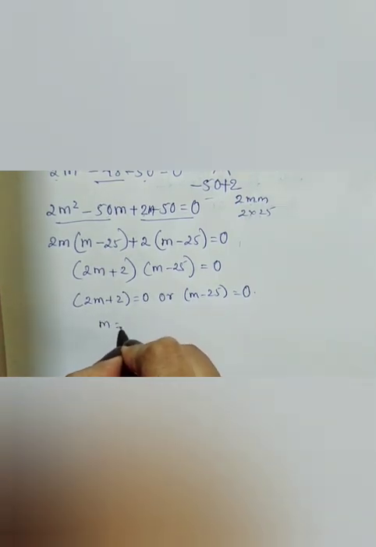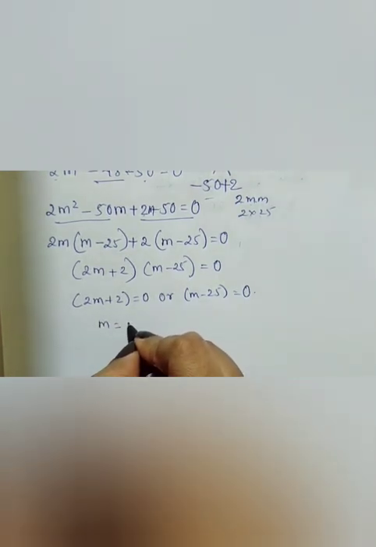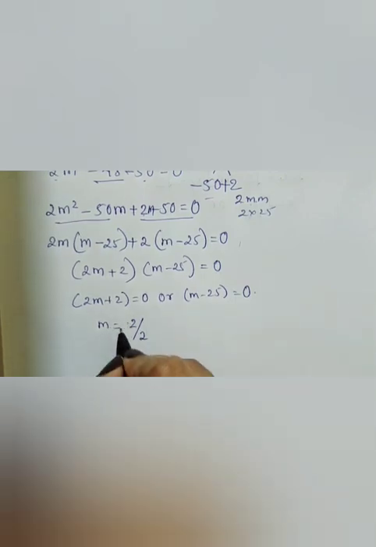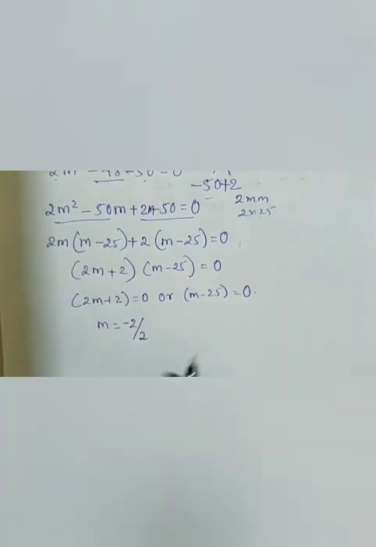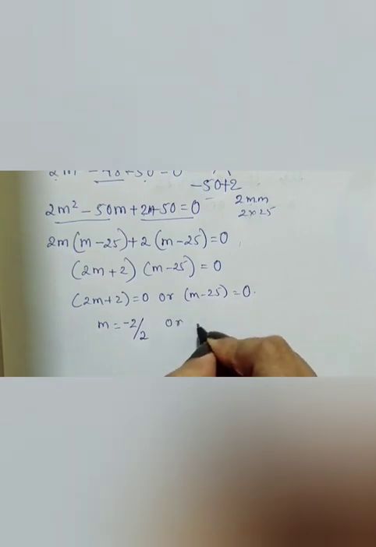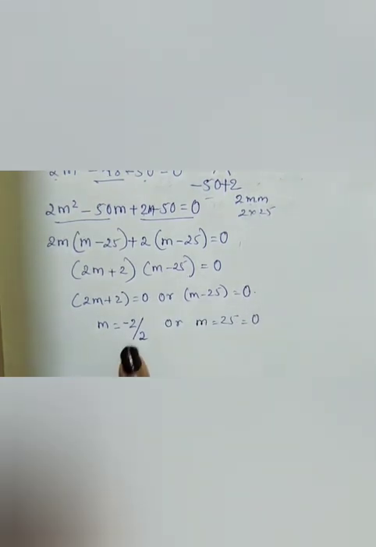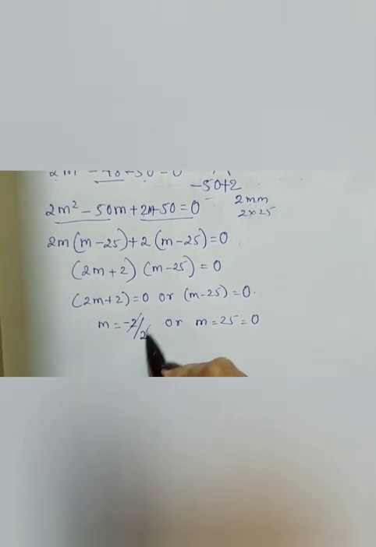Again m is equal to, here it will come minus 2 upon 2. Got it? So here minus sign will come because sign going to change afterwards, or m is equal to 25. Here we can see 2 is there, so we'll cut here. Here minus 1 will come.